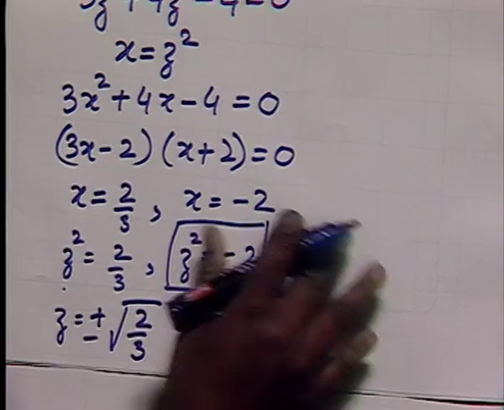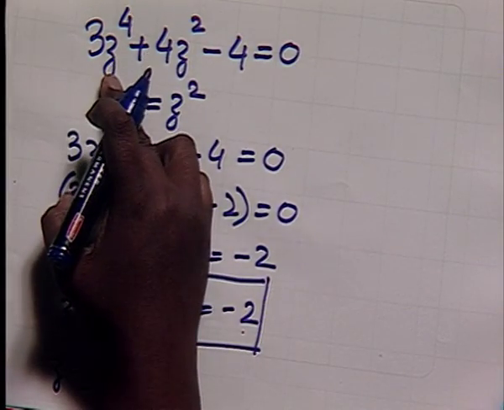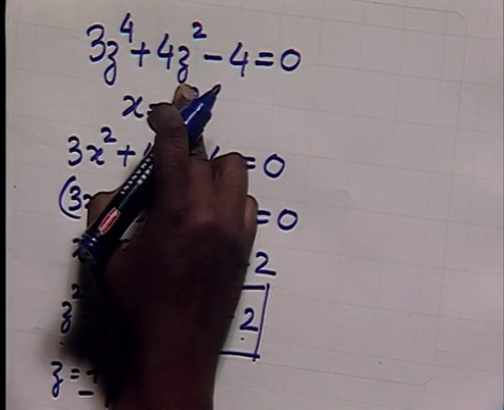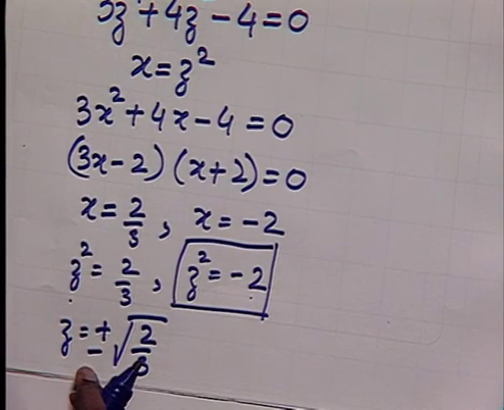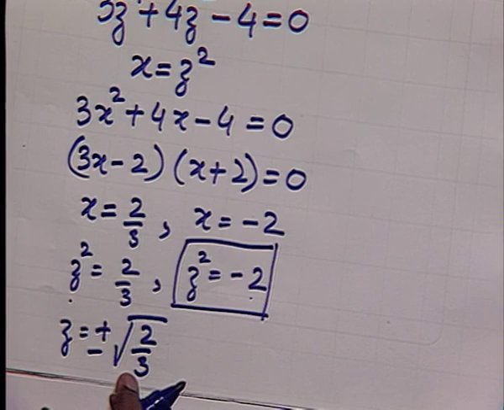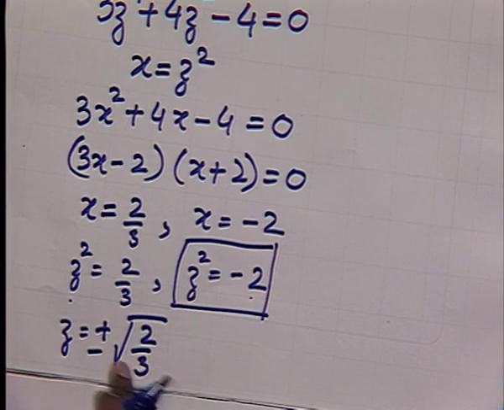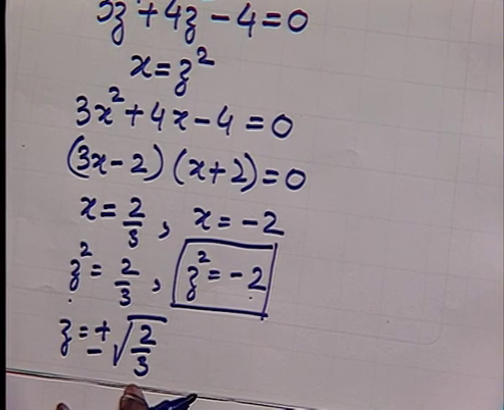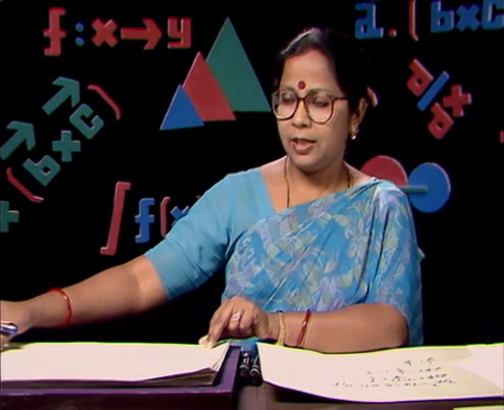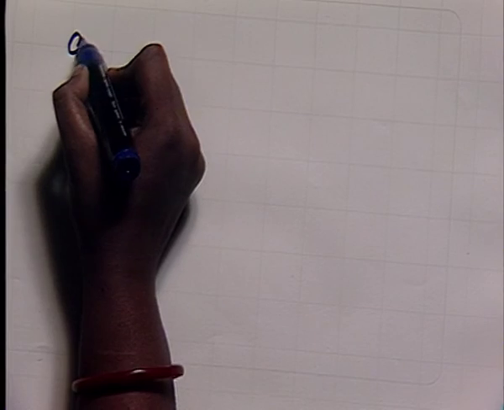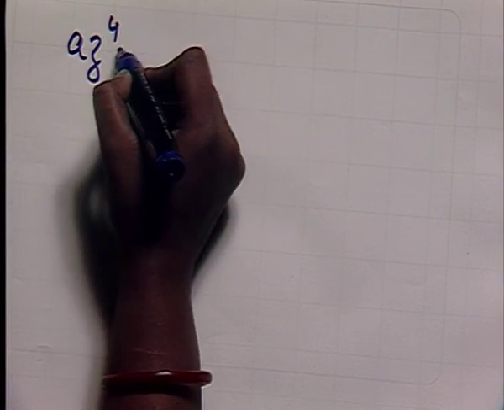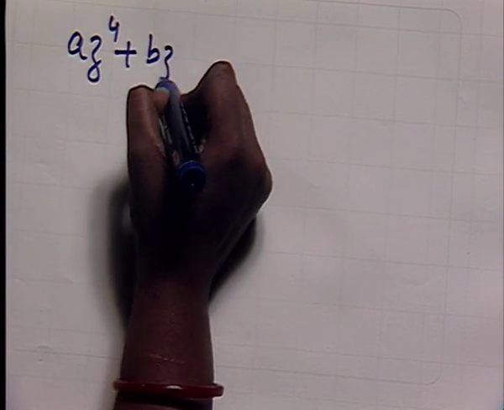Therefore, the solutions of this equation 3z raised to the power 4 plus 4z square minus 4 equal to 0 are z equal to plus under root of 2 upon 3 and minus under root of 2 upon 3.